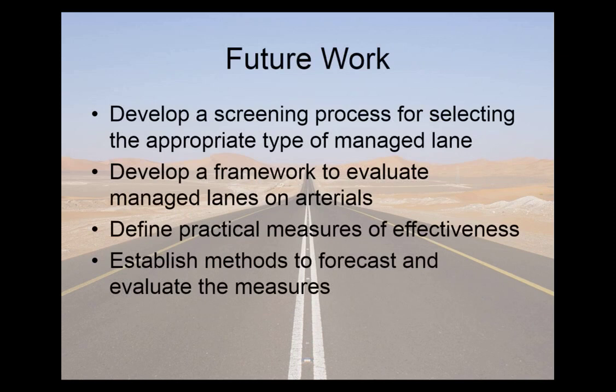So both before and after the managed lanes are implemented, there needs to be some sort of tool or strategy for determining whether these managed lanes will get enough use and whether they're warranted.